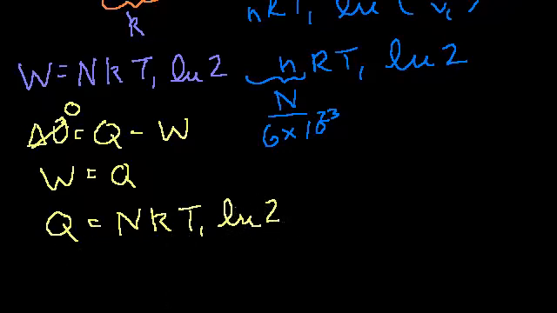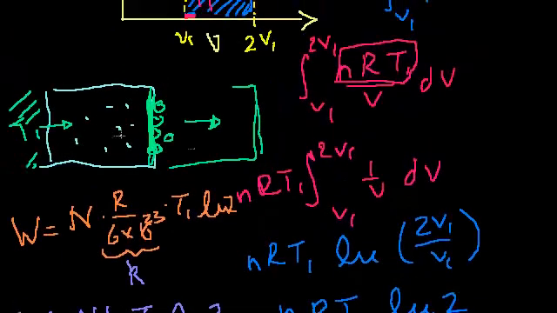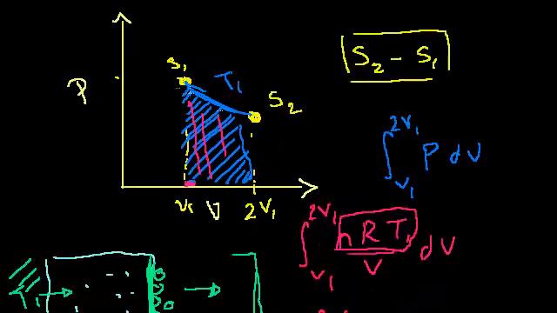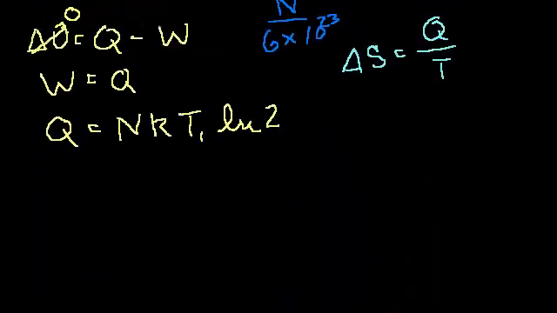Now, in the last video, I defined change in S as equal to Q, the heat added, divided by the temperature at which I'm adding it. So, for this quasi-static system, what was the change in S? How much did our S state change by? So change in S is equal to heat added divided by our temperature.